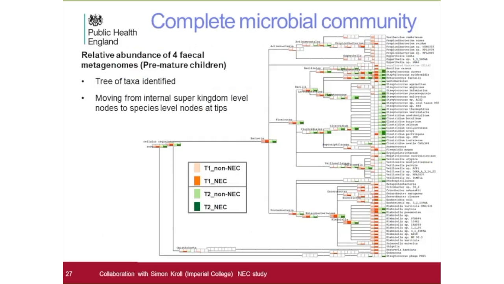And this is more detailed in this slide. This is the complete flora taken from two sets of babies, and each one of the species that we have characterized. The dark green is for the babies that had NEC, and the light green are babies that were healthy and survived the disease.